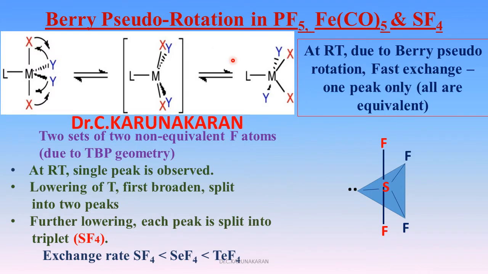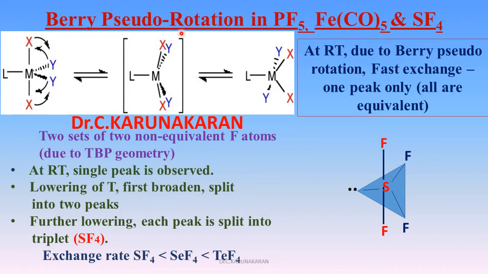Here, we will study what fluxional molecules are. These fluxional molecules are molecules that undergo dynamics, constantly exchanging their positions. For example, PF5 and SF4 have trigonal bipyramidal geometries.